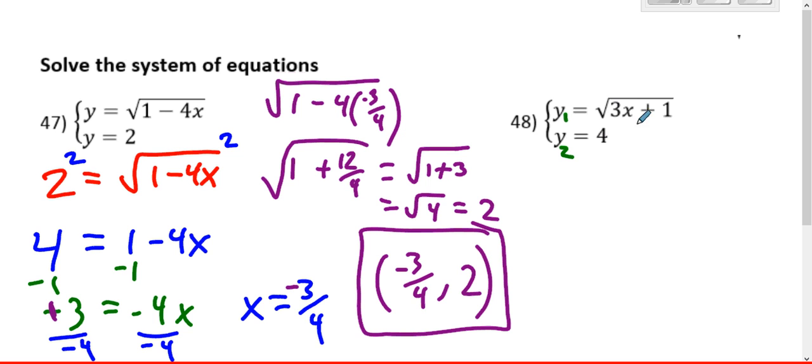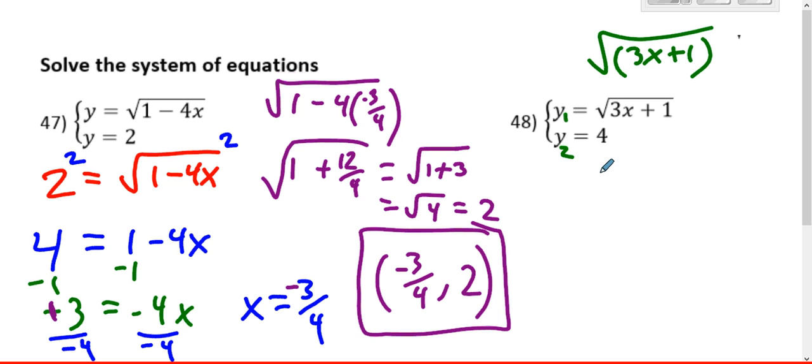So if you type this in as y1, and when you do that, you have to do parentheses around everything. So you do square root parentheses 3x plus 1. So if you type these in as y1, y2, you then go to find the intersection.